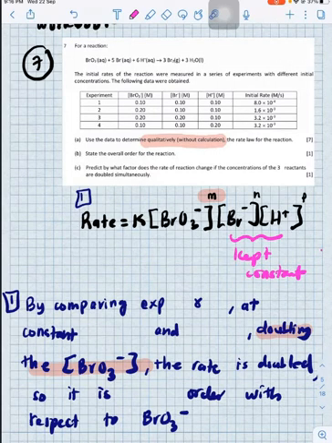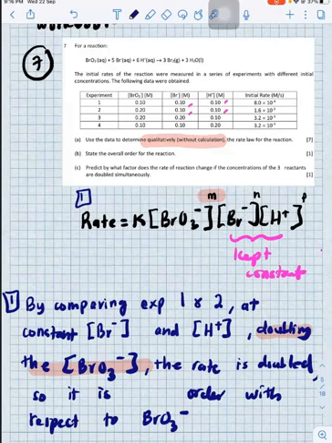Sebab kita tengok Br- constant, H+ also constant. So maknanya dalam jawapan kita akan bagi tahulah by comparing experiment 1 and also 2 at constant concentration of Br- and also H+. Okay, sebab kita kan nak cari BrO3-. So of course Br- dengan H+ kena constant. So apa jadi dekat concentration of BrO3- dalam kes ni?